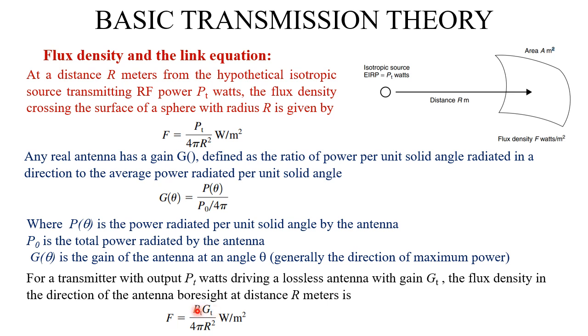Okay, PT by 4 pi r square is the flux density multiplied by the gain of the transmitting antenna. That will give you the flux density when, instead of an isotropic source, we use some directive antenna with gain GT. So this is the amount of power flowing per unit area.